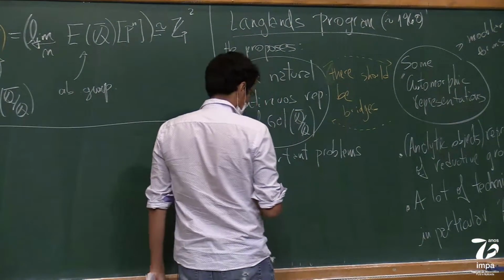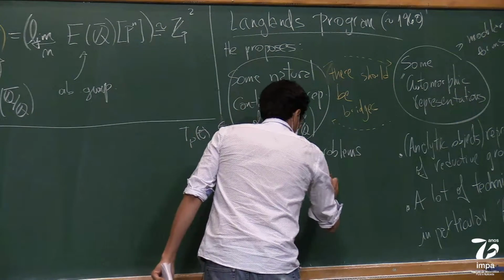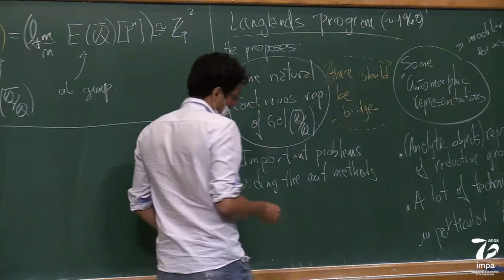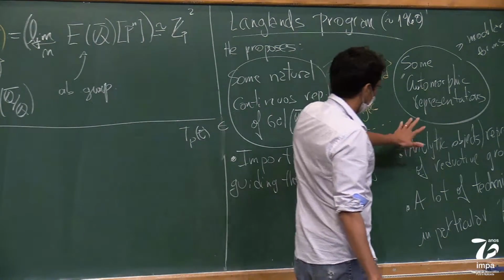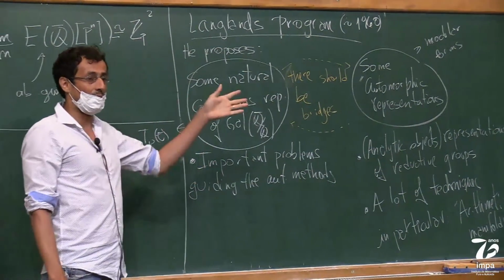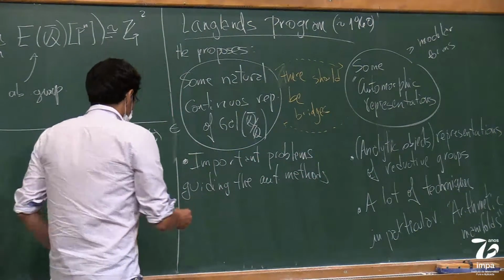They help guide the automorphic method. Sometimes you need to know what you want. You have methods to use, but this says, you can go in that direction, and that helps you to prove something.